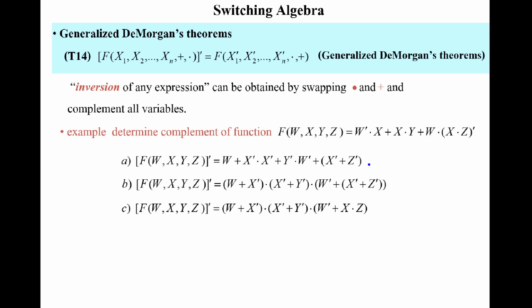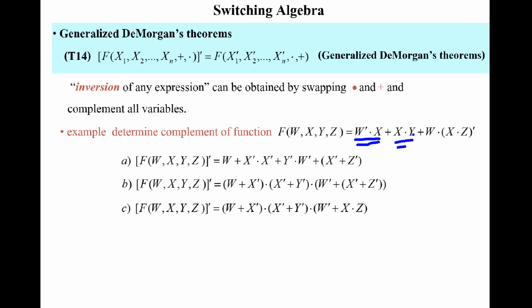For option A, is this one correct or not? No, not correct. Why? Because in the original expression, we do this W prime and X first, right?